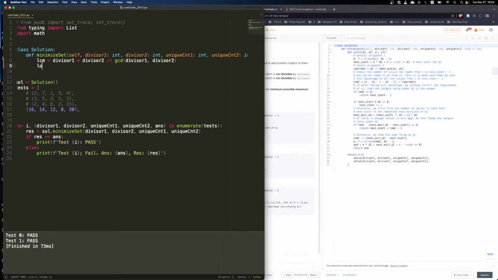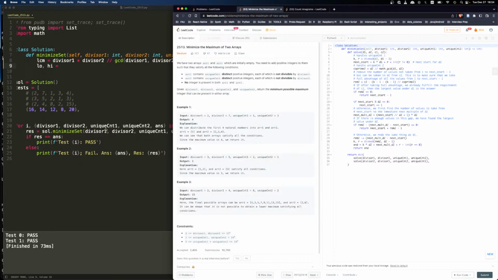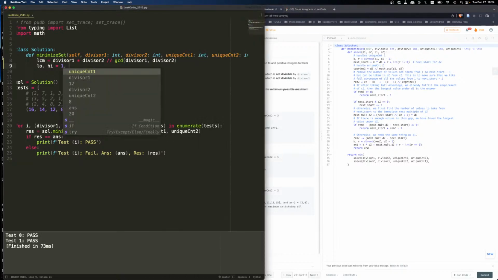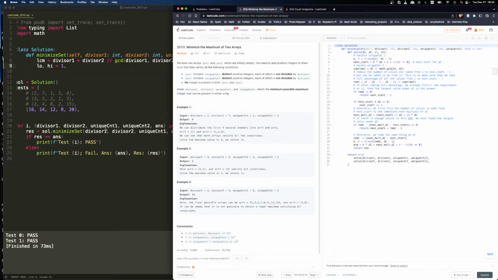Okay, so we can have low and high. Low we call 1, since we start with positive integers. And high is an interesting problem. I was thinking high can just be unique count 1 plus unique count 2.